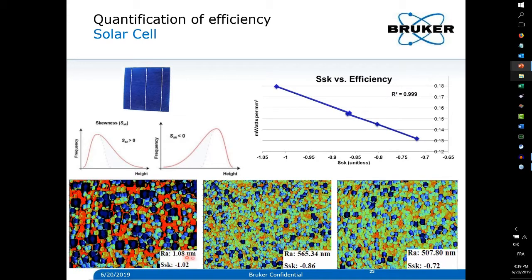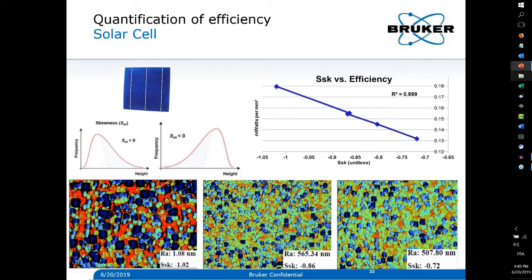So in that case, if we look at the roughness, this surface is the highest efficiency, this one the lowest, and unfortunately the roughness of the very low efficiency is almost the same as the medium, and only twice lower than the standard one. If we look at the skewness, it actually nicely correlates with efficiency almost in a linear way.